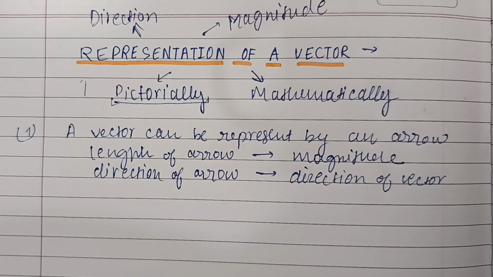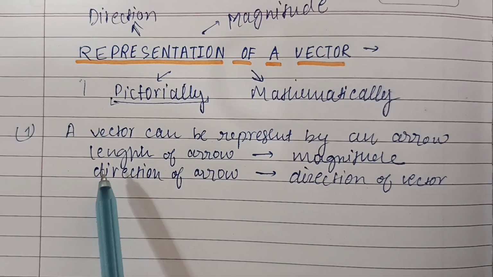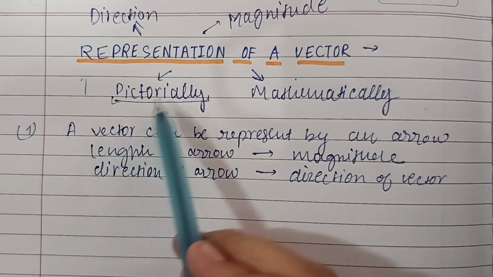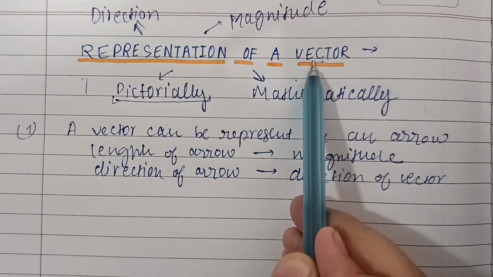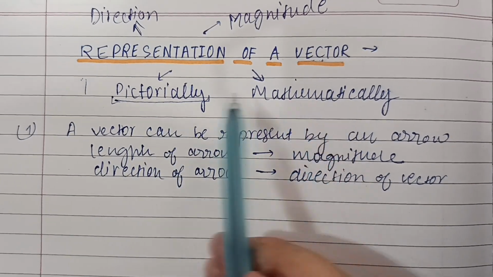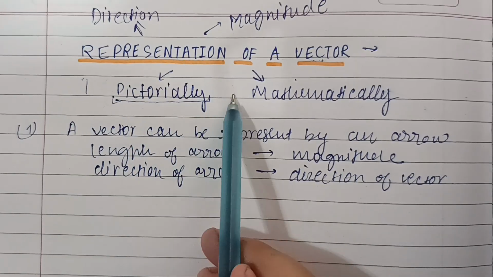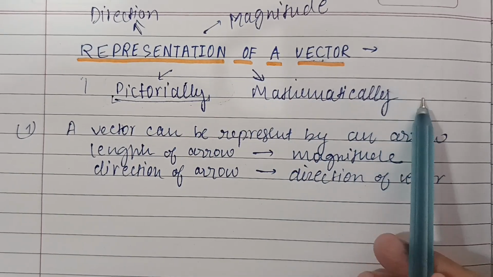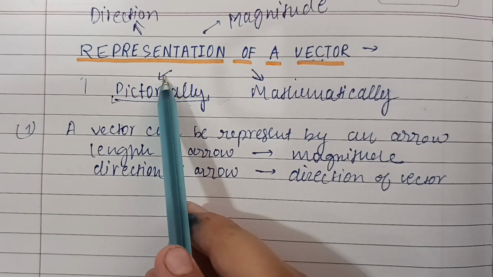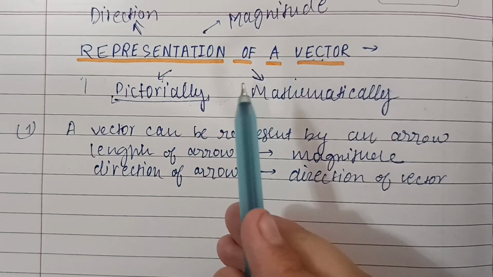Hey everyone, so now we will study representation of a vector. A vector can be represented by two methods: first is pictorially and the second is mathematically. For representation, we have to do two tasks.